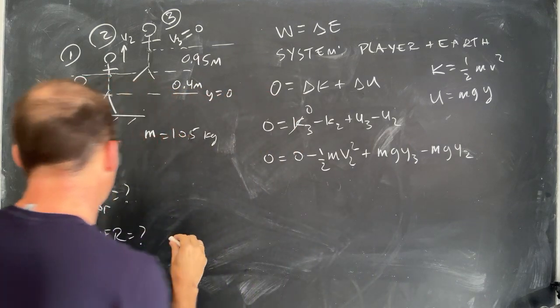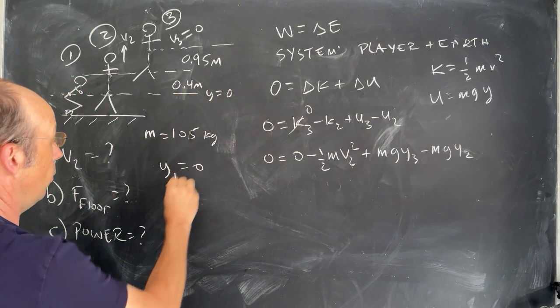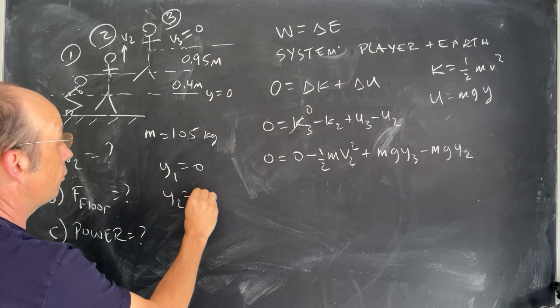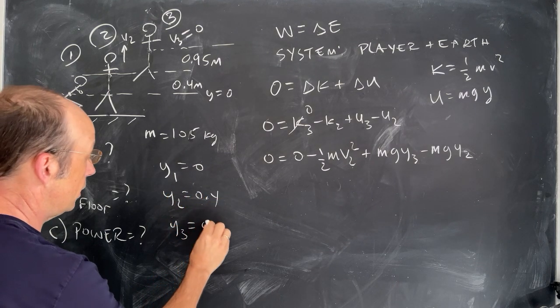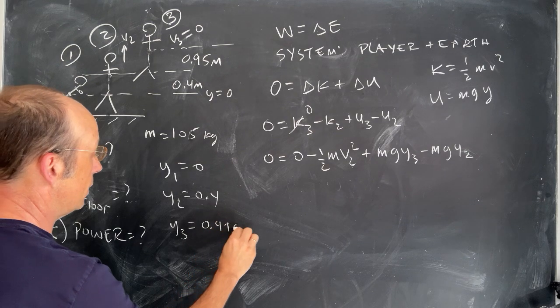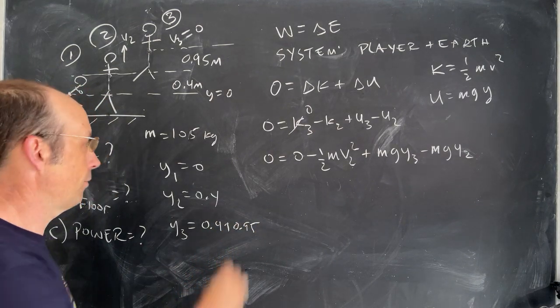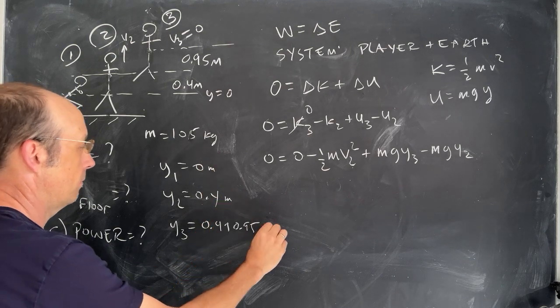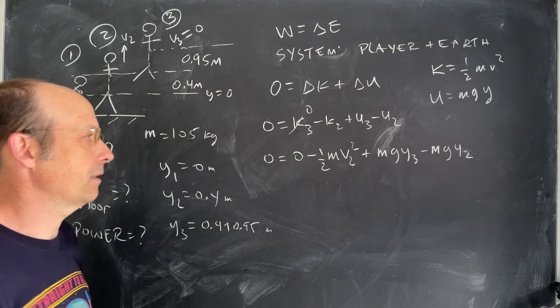And so over here, let's just put y1 is 0, y2 is 0.4, y3 is 0.4 plus 0.95 meters. Okay, so I'm going to put in the numbers just like they are because that's fine.